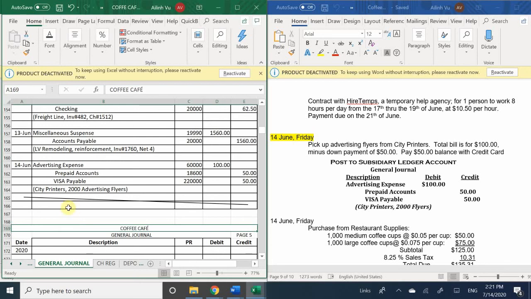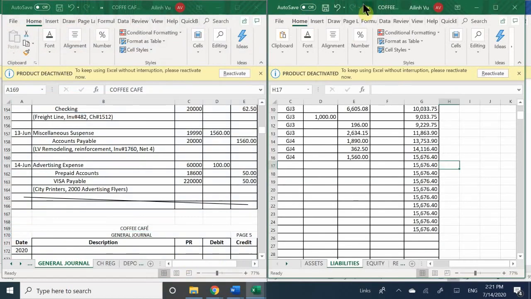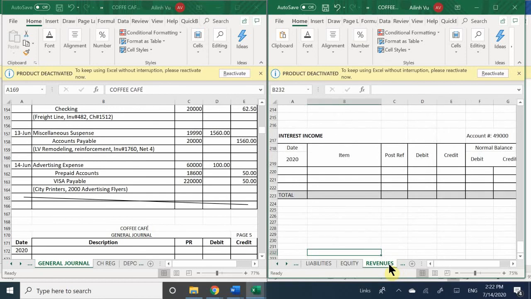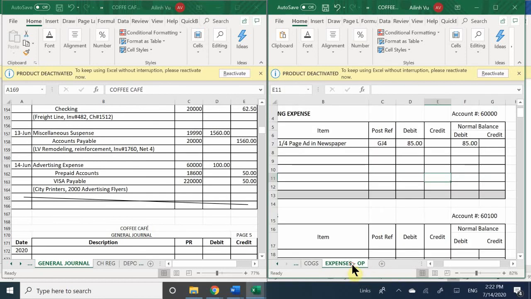All right. Okay, and then now let's go ahead and go to our ledger. Okay, so here we have advertising expense. So that should be page 34, top of 34.